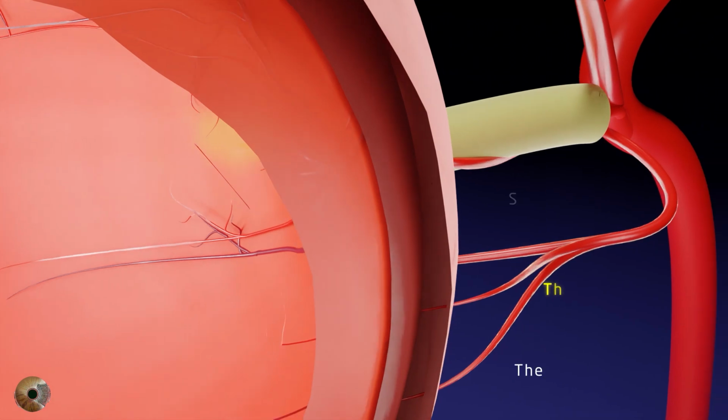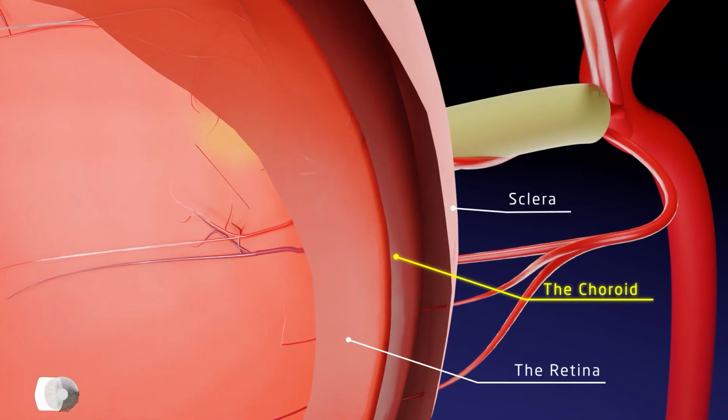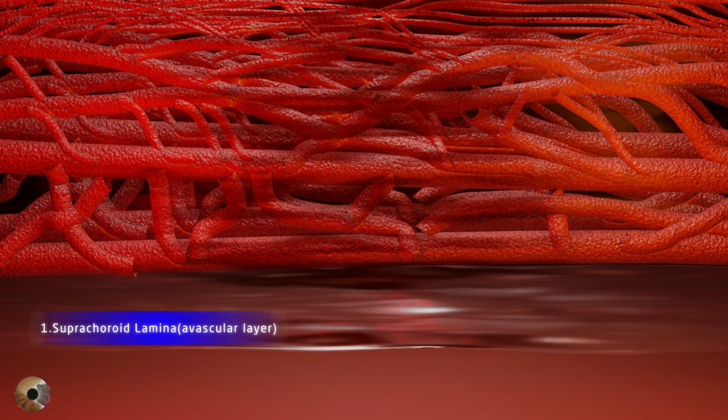The choroid lies between the retina and the sclera. It is thicker posteriorly than anteriorly and consists of 5 layers from outward to inward. The outer avascular layer, called suprachoroid lamina, consists of pigmented connective tissue.